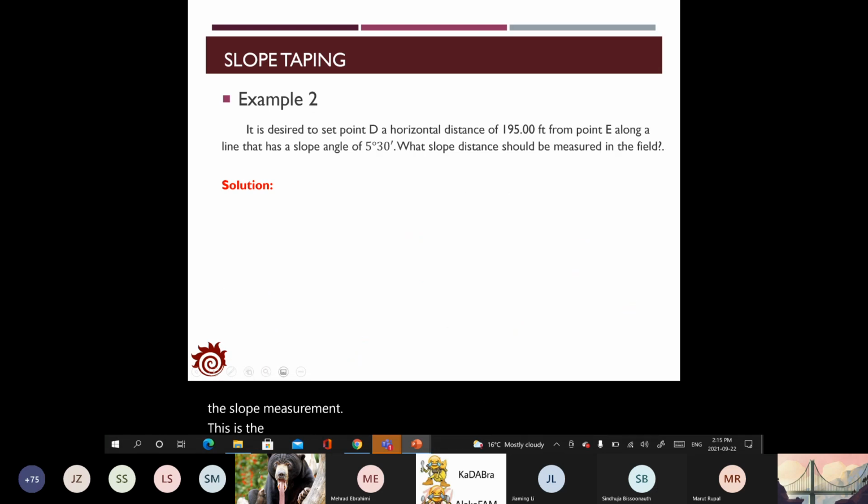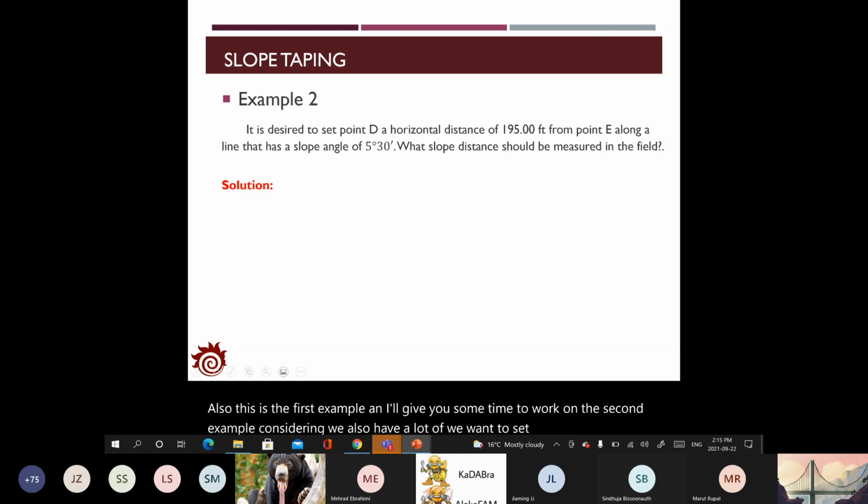And I'll give you some time to work on the second example. We want to set a point D, which has a horizontal distance of 195 meters from point E along a line having a slope of 5 degrees and 30 minutes.